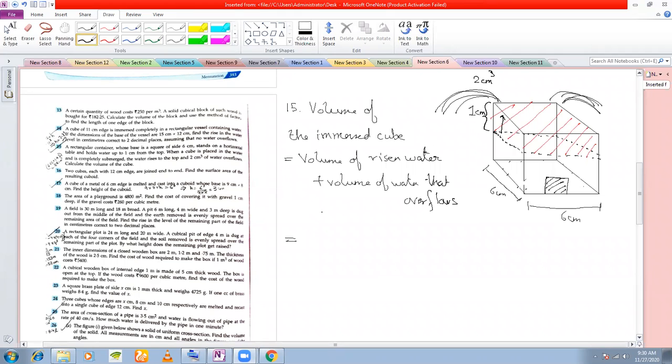Why 1 centimeter cube? This is your breadth, which is 6 centimeters. So 6 centimeters into, this is your length, 6 centimeters into, and what is the height here? 1 centimeter, right? 36 centimeters. Plus, what is the volume of water that overflows? 2. So this is 36 plus 2. Volume of the cube is 38 centimeter cube. So this was a one line problem, actually. Okay, so we stop here for today.